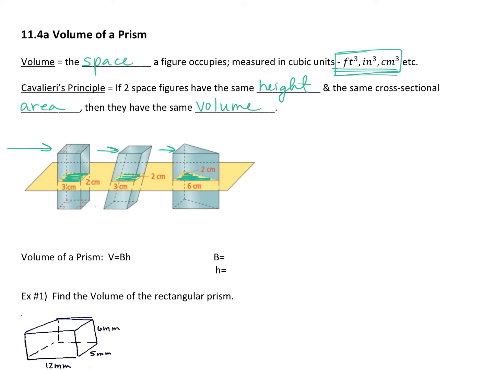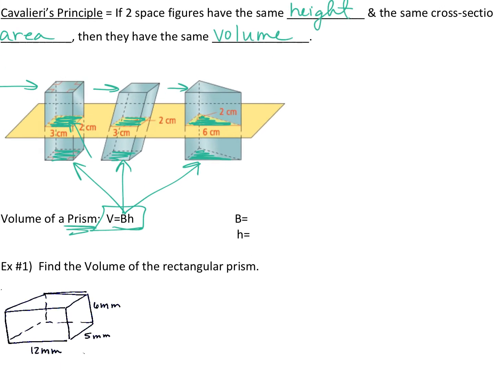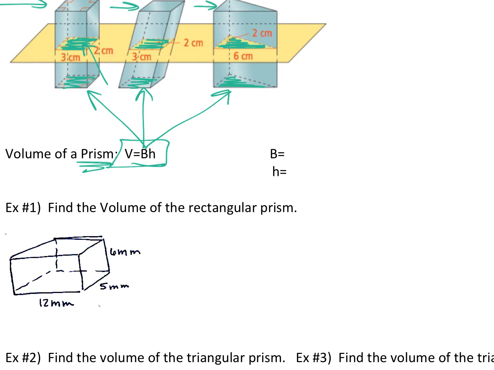It's the area of a cross section, which is going to be the area of their base, right? This is the same figure. So that's B, the area of the base, times the height of the figure, how tall that figure is. So just keep in mind, volume will always be capital B times H when it's a prism. And then your B always represents what? Same as before. What does B stand for?